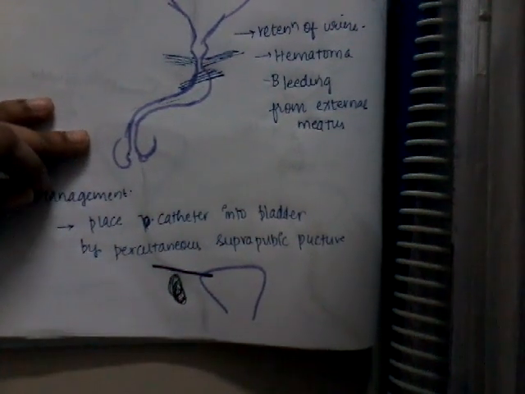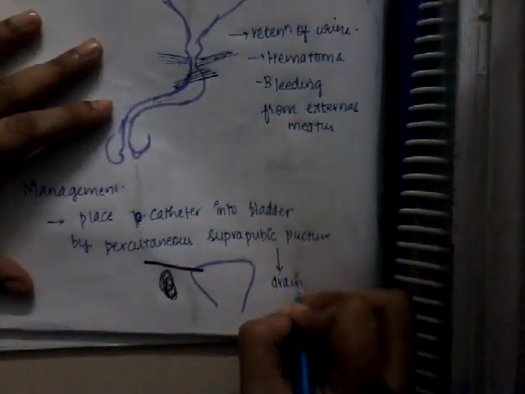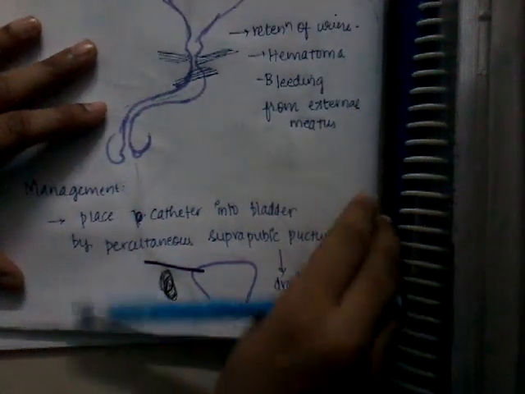This is what we do first, and we drain the urine, so there is decreased urinary retention. That is the first thing we have to do, and then we'll investigate later. After doing this, one of the major problems is solved.